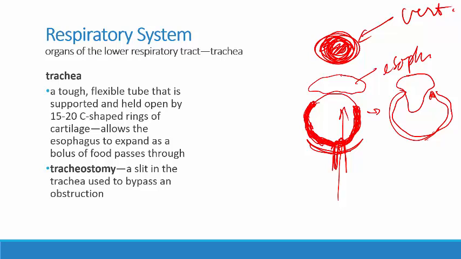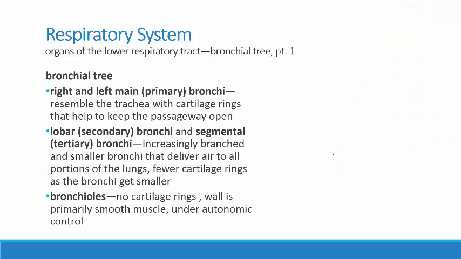Okay, so trachea, long tube, very easy to recognize because it has these rings of cartilage in it. And so when we do our cat and pig dissection, I think you'll have no trouble finding the trachea at all. So the trachea leads then into the bronchial tree, called a tree because if you look at it upside down, it has a tree-like appearance.